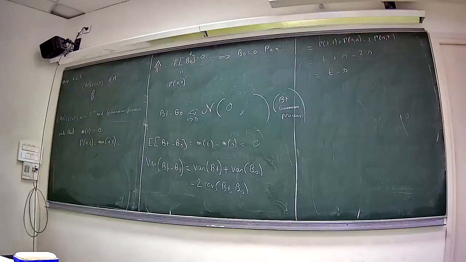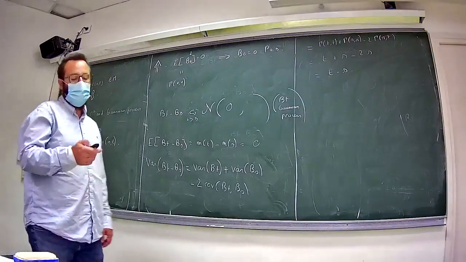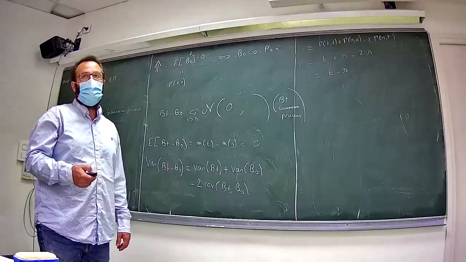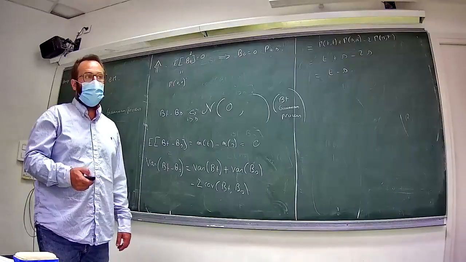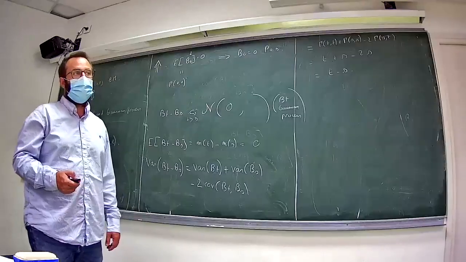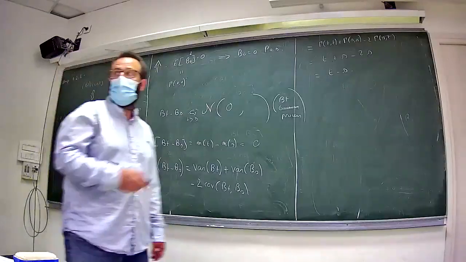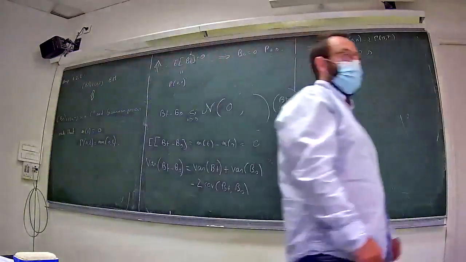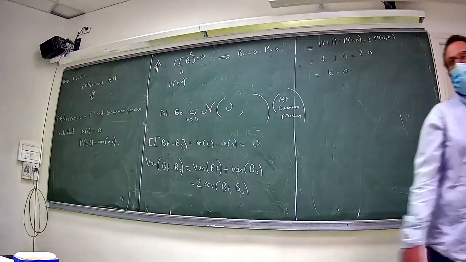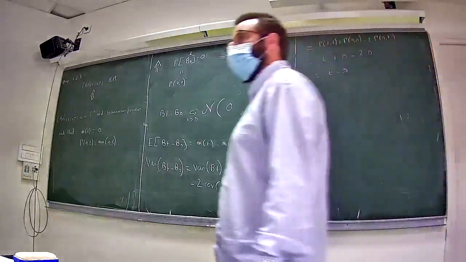So I have the small d in the definition of the Brownian motion. The only thing that remains to prove is that Bt minus Bs is independent of Fs. And according to the remark I made just after, it is sufficient to prove that Bt minus Bs is independent of any random vector made of Bu for u less than small s.